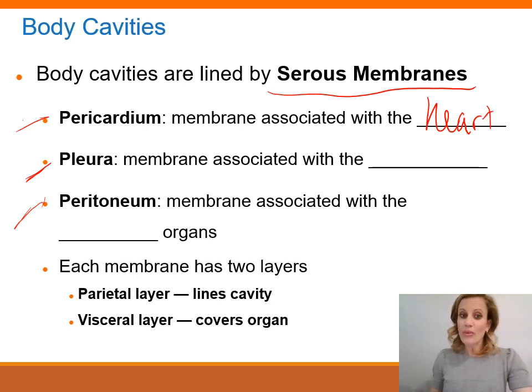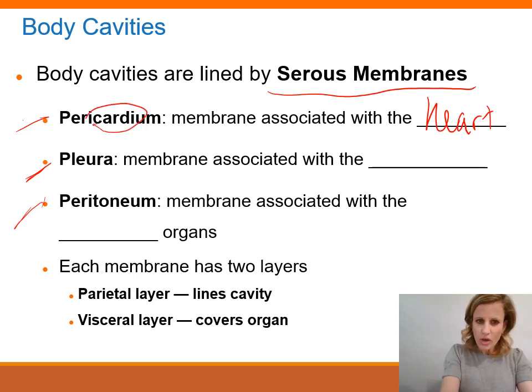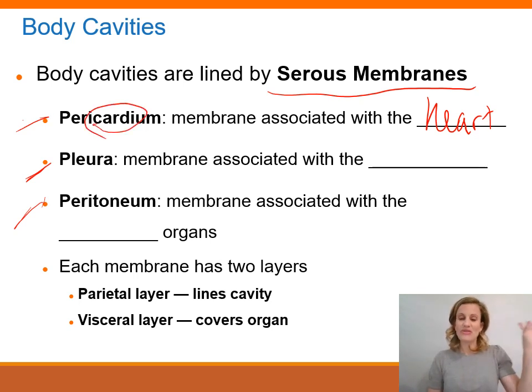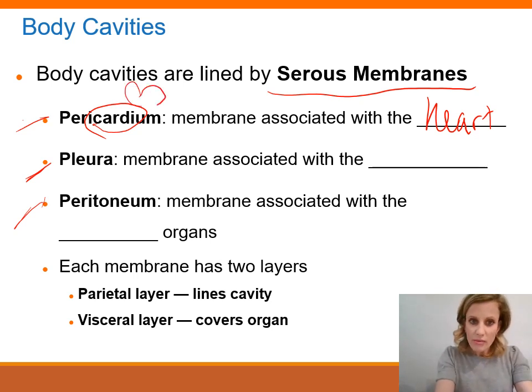Now, when you look at that word, pericardium, you can see cardio in the middle. And if you think back to chapter 1 where we learned word roots, you should know that the root cardio means heart. So pericardium is the membrane that surrounds the heart.